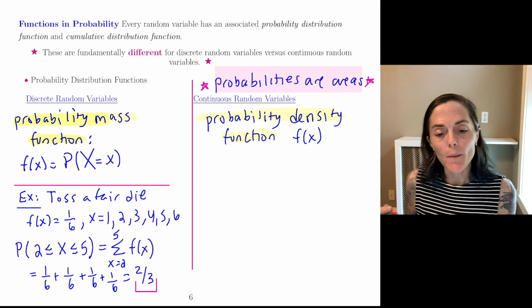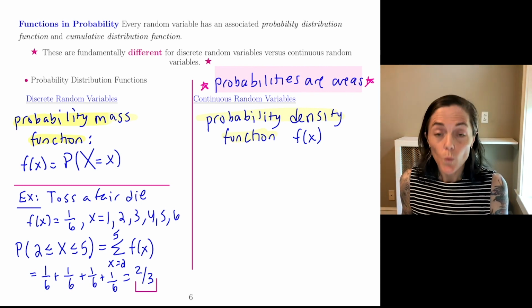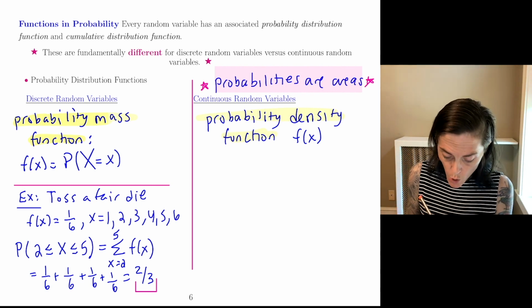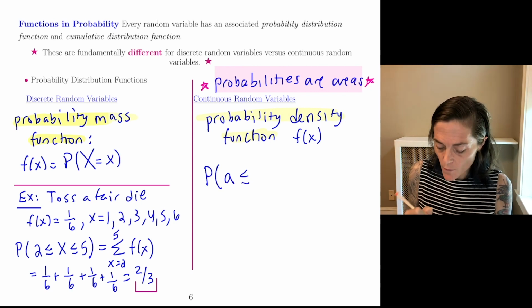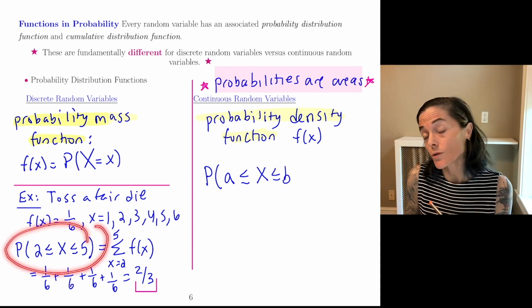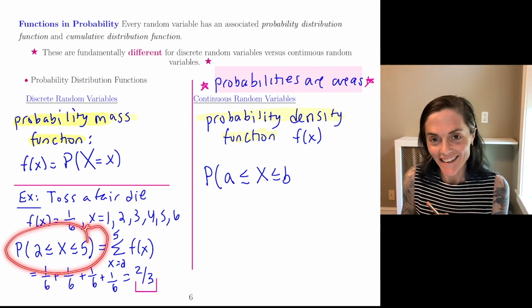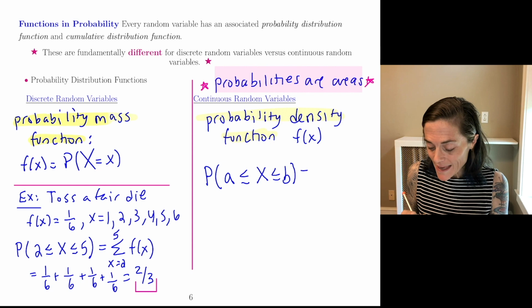But I mentioned probabilities are areas. So in the continuous world, what is true is if you want the probability that a is less than or equal to capital X is less than or equal to b, you see we calculated one of those in the discrete world over here. We just added. But in this case, it's going to be an area.